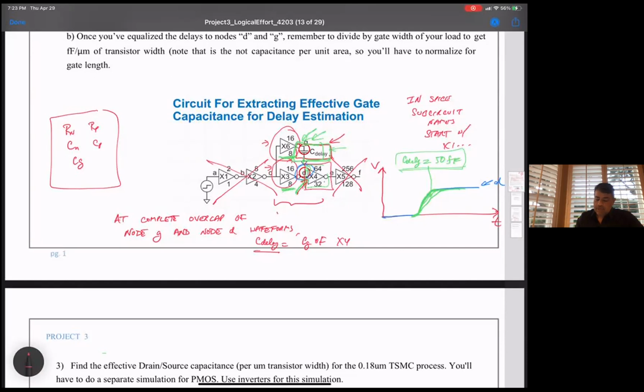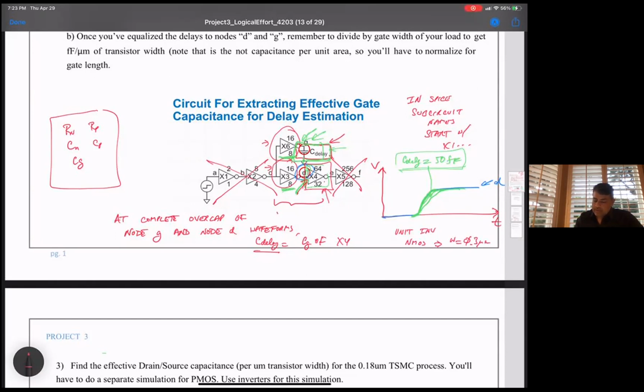And let's say our unit inverter NMOS width is 0.3 micron, which I think it is for this device.